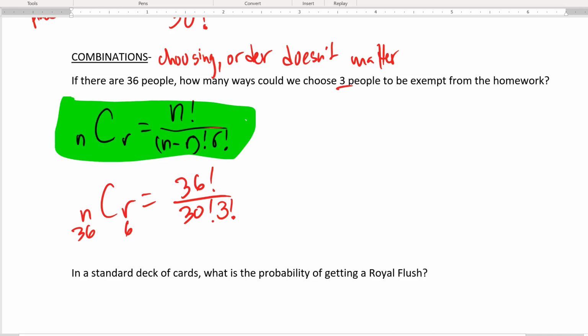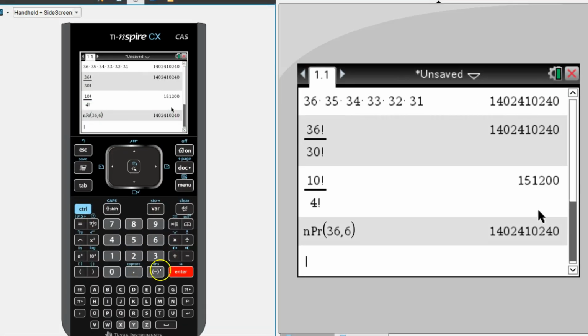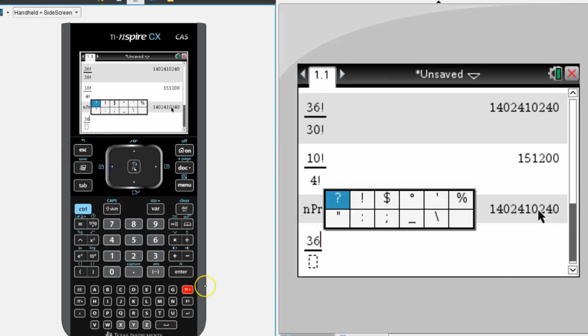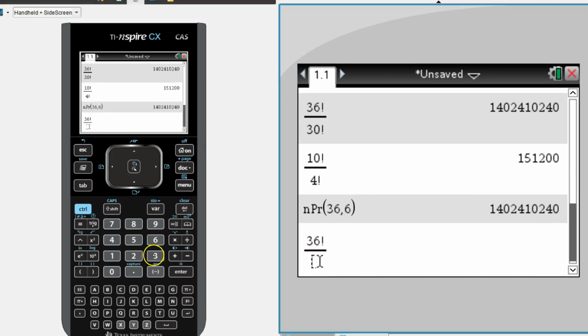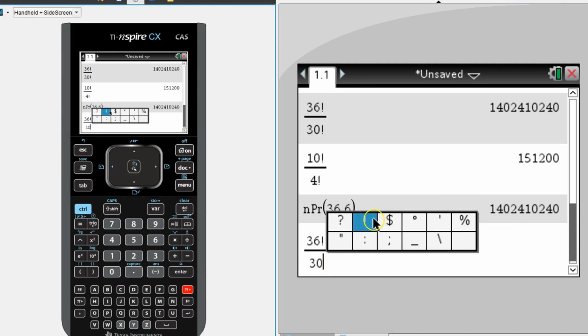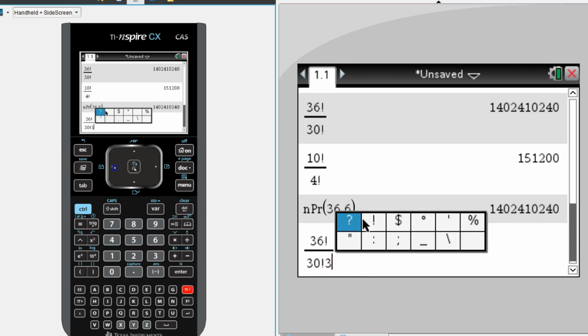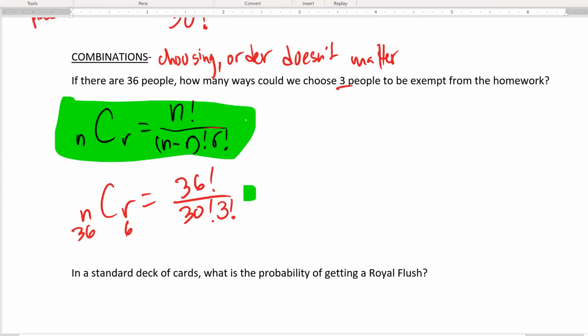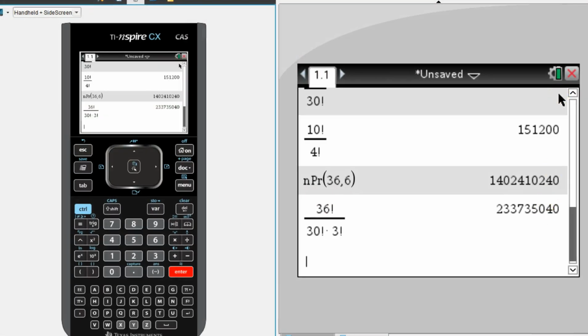So it's going to be the same answer that we had before, but now divided by another 3 factorial. So if I set it up as a fraction, 36 factorial, we said 30 factorial, and 3 factorial. Way less, 233,735,040.